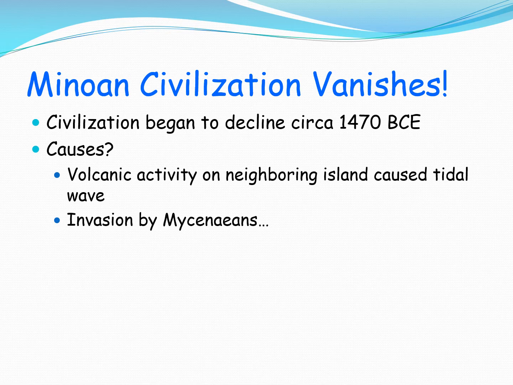We also think that they could have been invaded by people from the Greek mainland, and these would have been the Mycenaeans. This was a group of early Greeks who were warlike. And as we know about the Minoans, they weren't really prepared to defend themselves against an invasion. So the Minoan civilization will vanish.